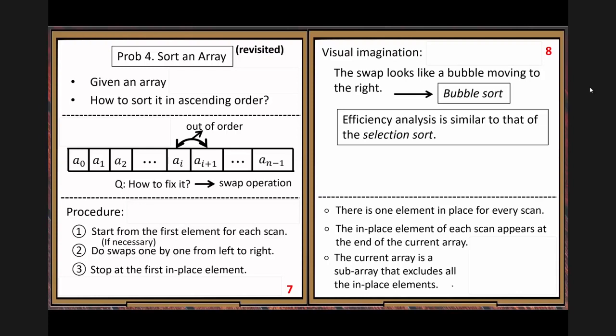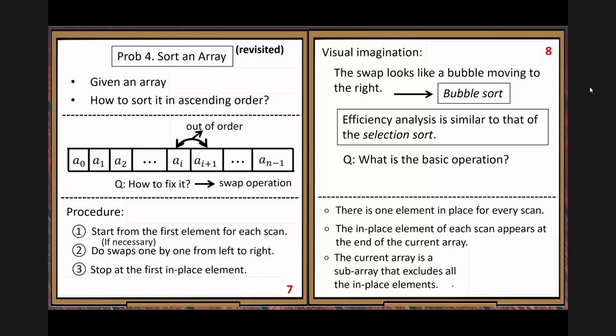Because we know every time we do one scan, we need a certain number of comparisons. That number is the same as the selection sort. Before we finish this slide today, let me ask you this question. What is the basic operation?